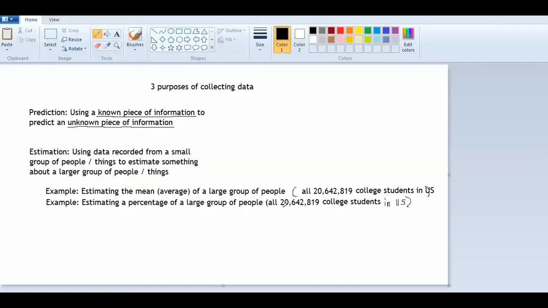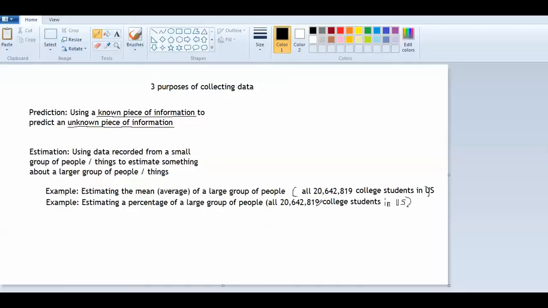We would have to ask each of these college students if he or she lives with his or her parents, and then record all of their answers, and then we could calculate a percentage. But the problem is, we probably can't ask all of these college students whether they live with their parents.